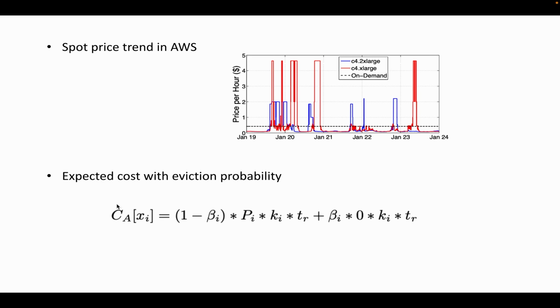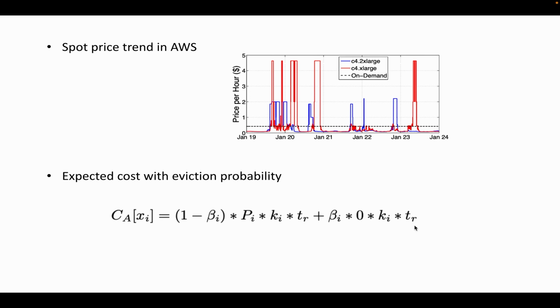Here is the total expected cost, which is basically the cost for some allocation i. b_i is the eviction probability. If you evict your resources before the billing hour with probability b_i, you will not be charged, so the price is 0, and you have the number of instances, and t_r is the remaining time.